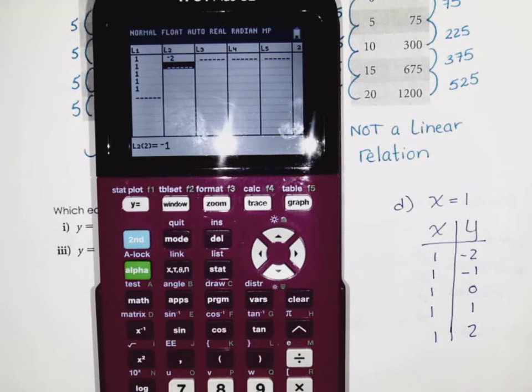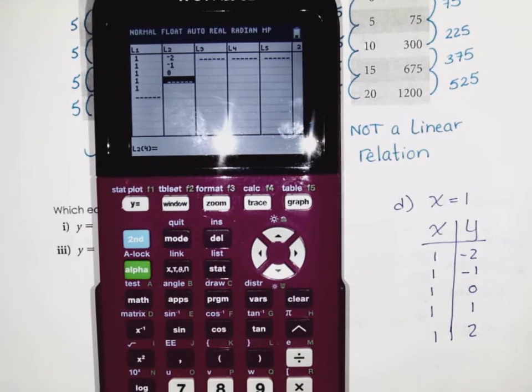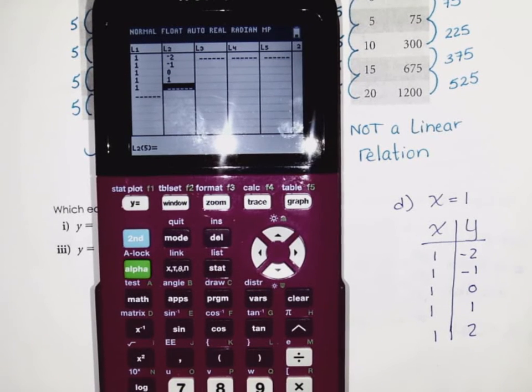Enter, -1, enter, 0, enter, +1, enter, 2, enter. So those lists should match up. You should have the same number in list 1 as you do in list 2. We good? Are we connecting the points?